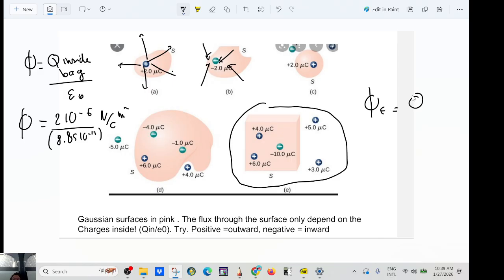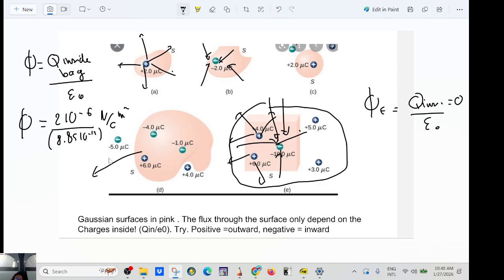Yeah, it's 0, because you're going to have as many things going out and 1, 2, 3, 4, 5, coming in. Okay, it only depends on the charge inside. In that case, it's going to be 0. Agree?